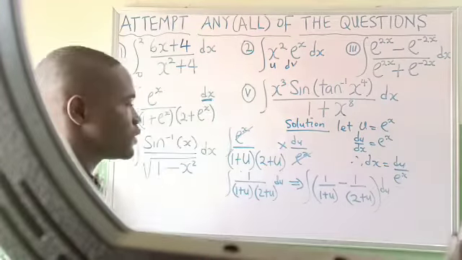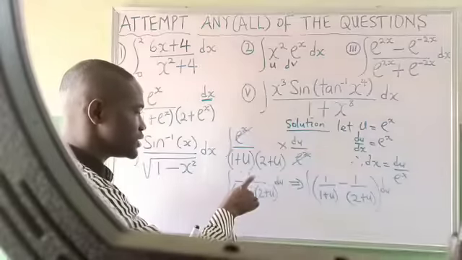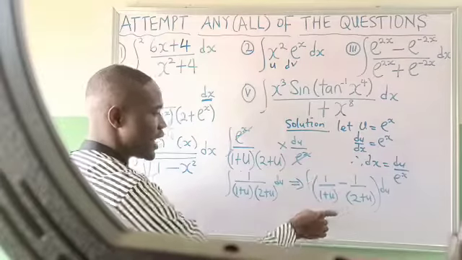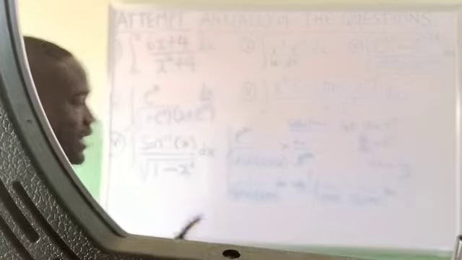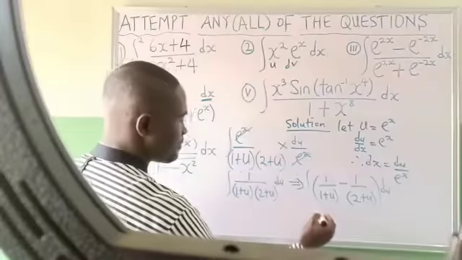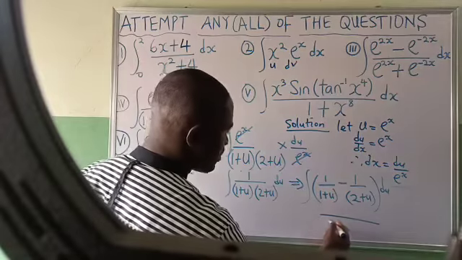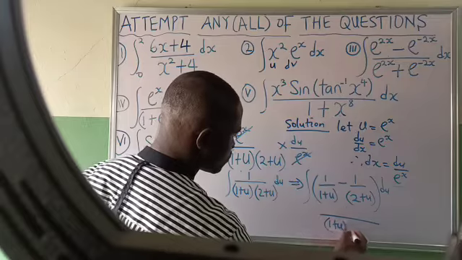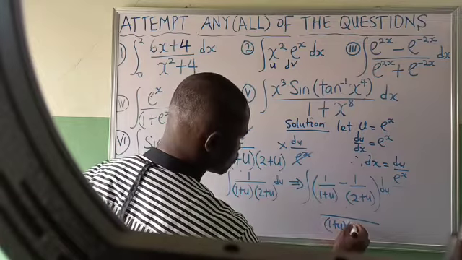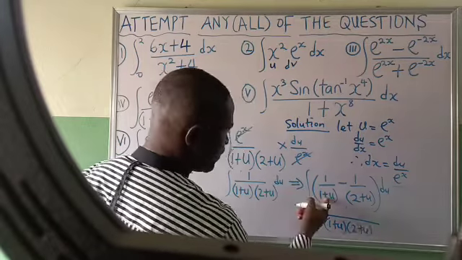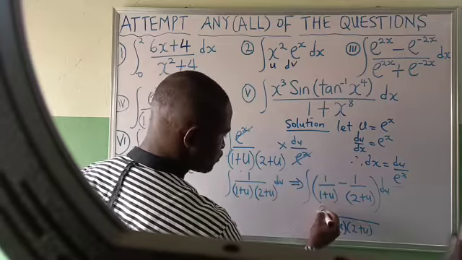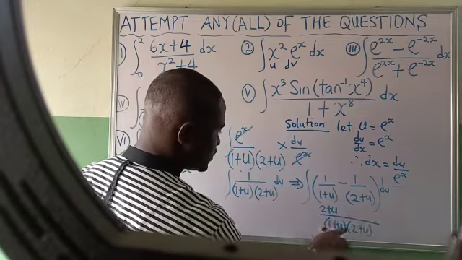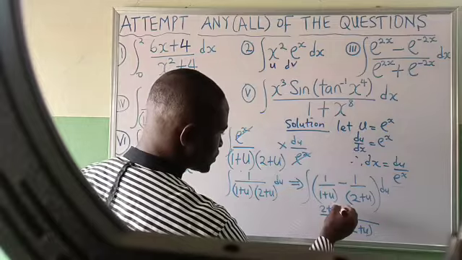du. The question is, this statement and this statement, are they the same? The answer is yes. Let's check. If you look for their LCM, it will be 1 plus u, 2 plus u. If this divides this, it will remain 2 plus u. If this divides this, it will remain this.